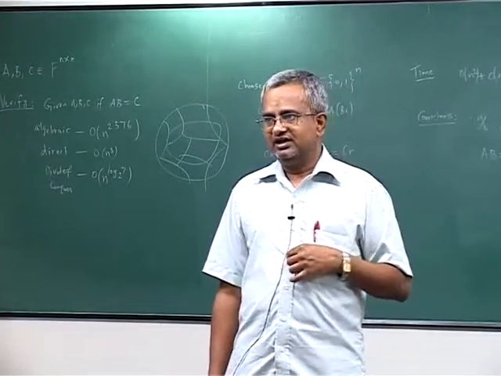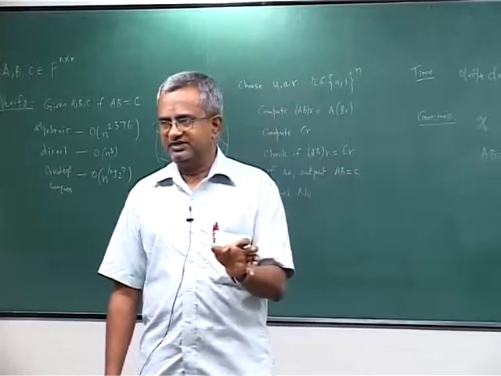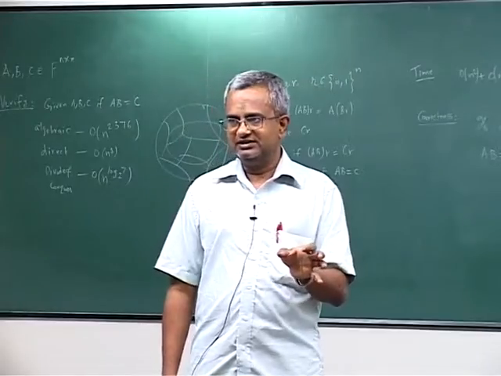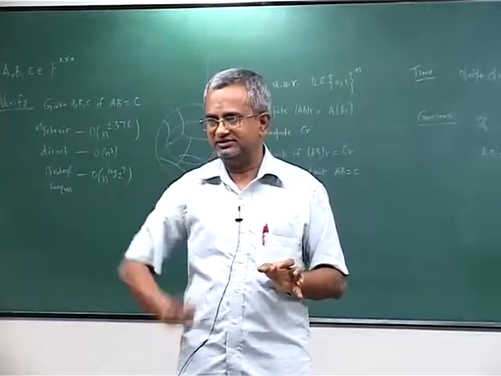The point here is, if it looks at less than n by 2 entries, then there are still more than n by 2 entries which it has not looked at.